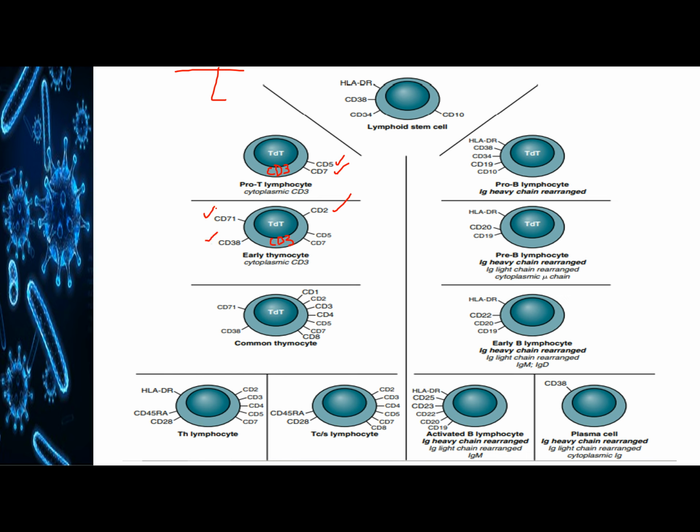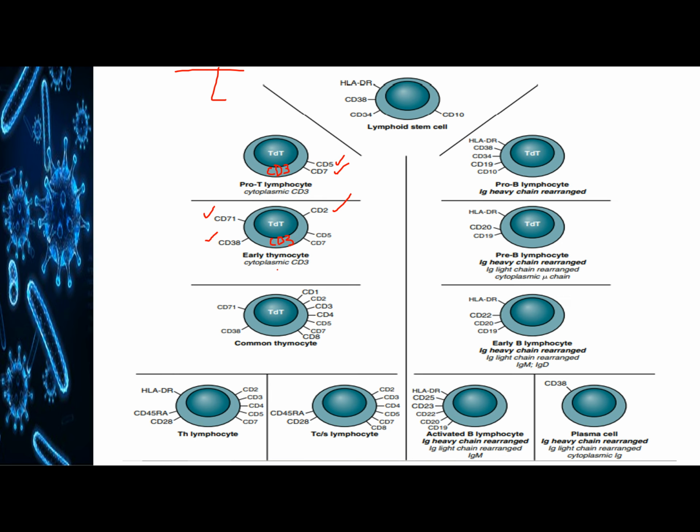So ulitin ko ha, the first stage, class, kapag pro-T cell, may cytoplasmic CD3, sa surface may CD5, CD7. After that, it would develop into an early thymocyte. Pag early thymocyte, meron pa rin siyang cytoplasmic CD3, may CD5, may CD7. But this time, may nadagdag. May CD2 na, may CD38, may CD71.